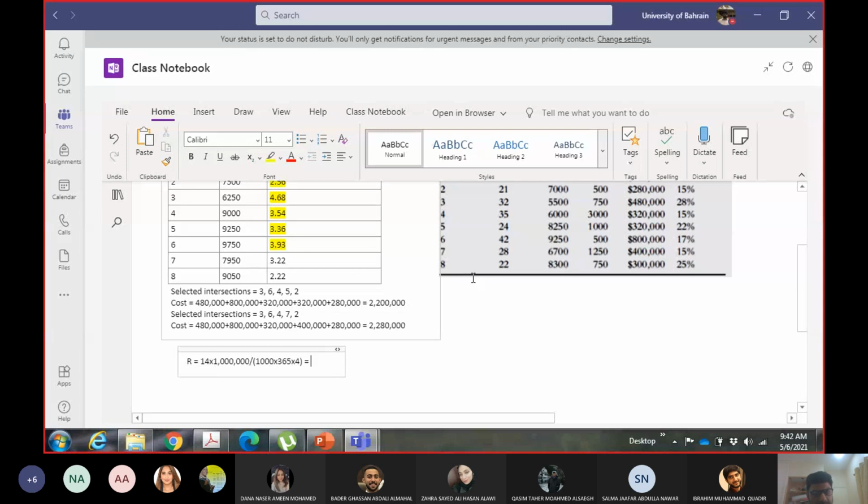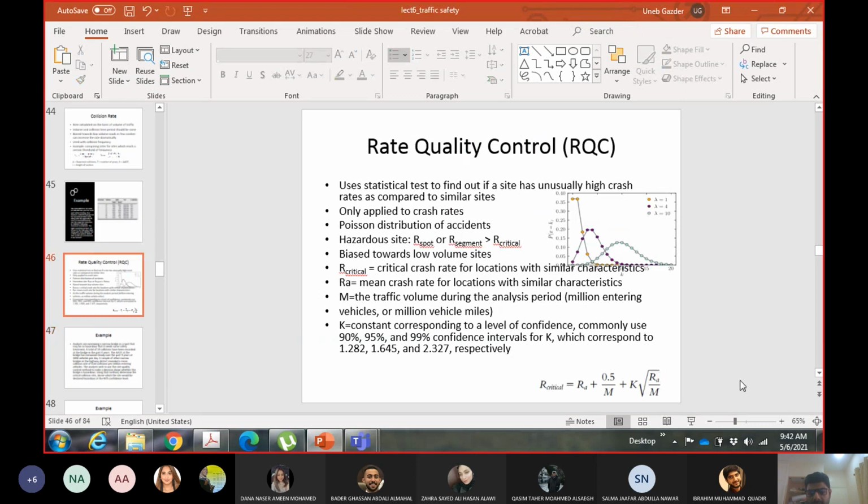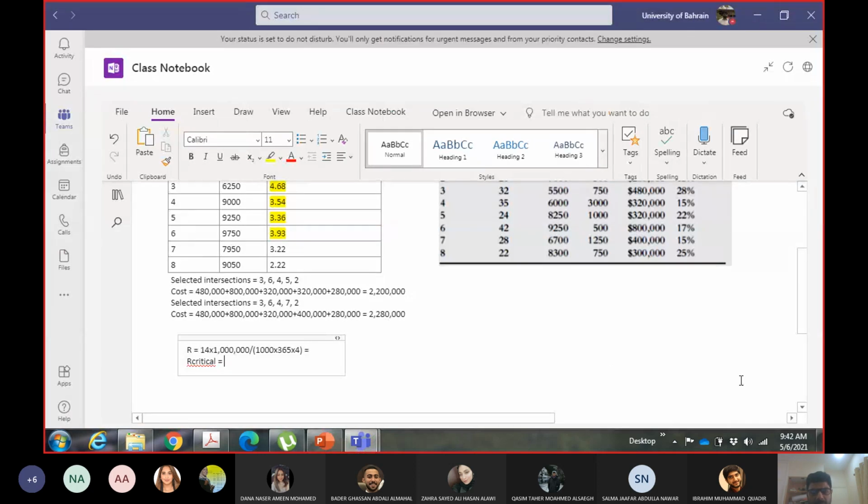How much? 9.6. Then I will calculate the critical value.